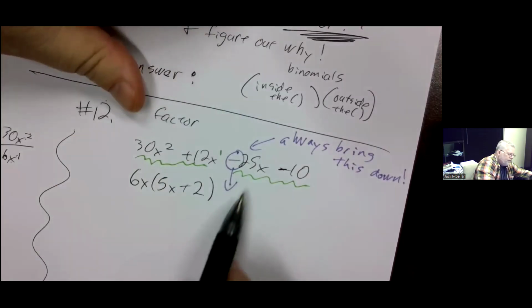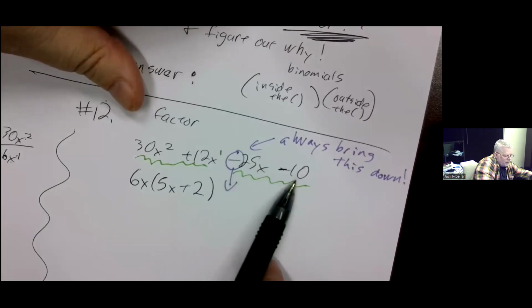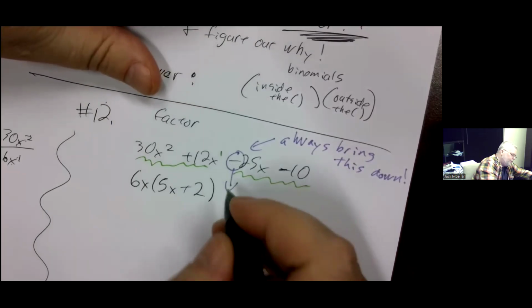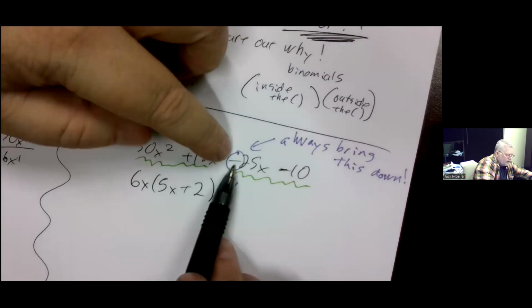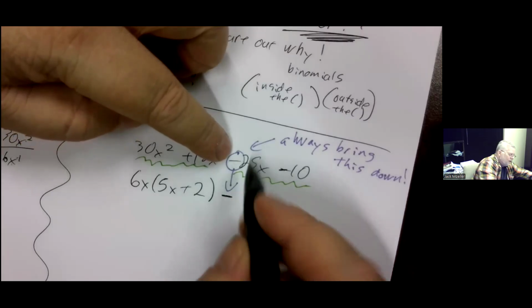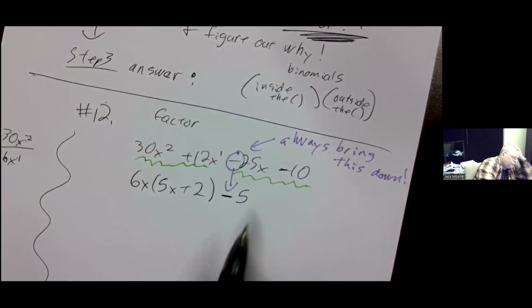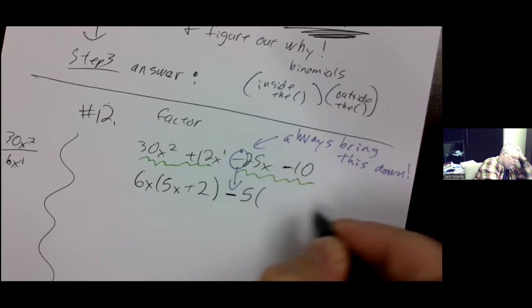So when you look at that and I say, what's the GCF of minus 25x and minus 10? If you tell me 5, you've lost that negative, which is going to completely change the problem. All right, so always bring that sign down. So if that middle sign is negative, we're actually dealing with a negative 5 GCF now instead of a positive 5. All right, so that's the GCF.